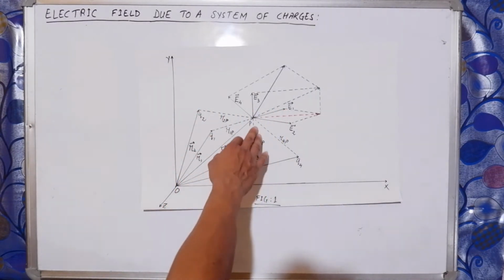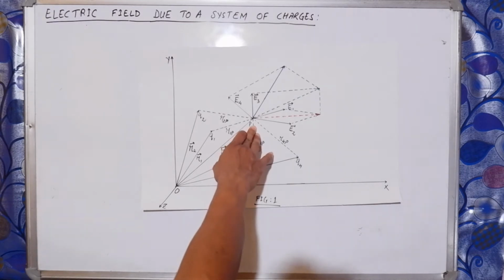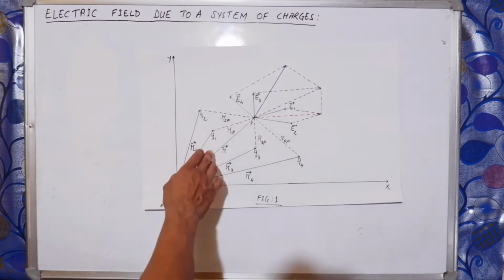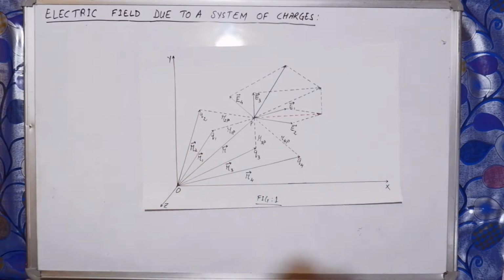That is the total electric field intensity at point P because of all the charges Q1, Q2, and so on.